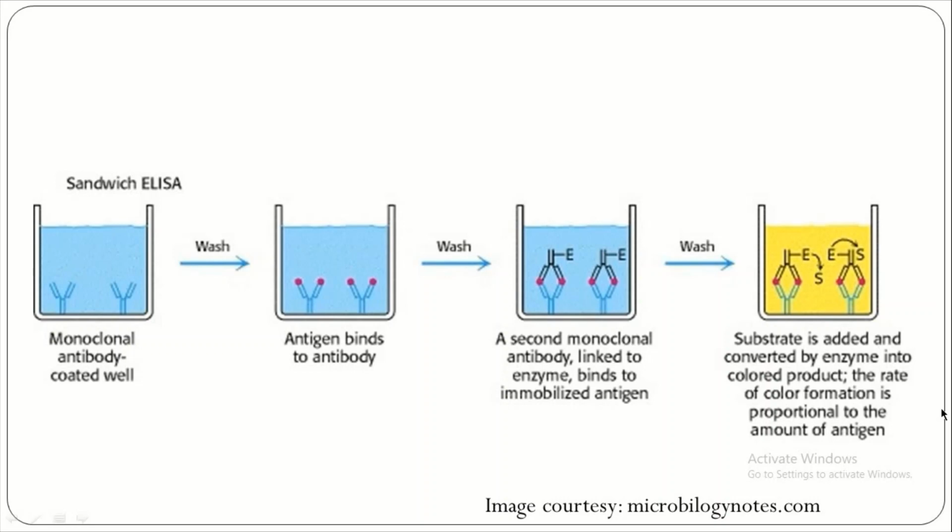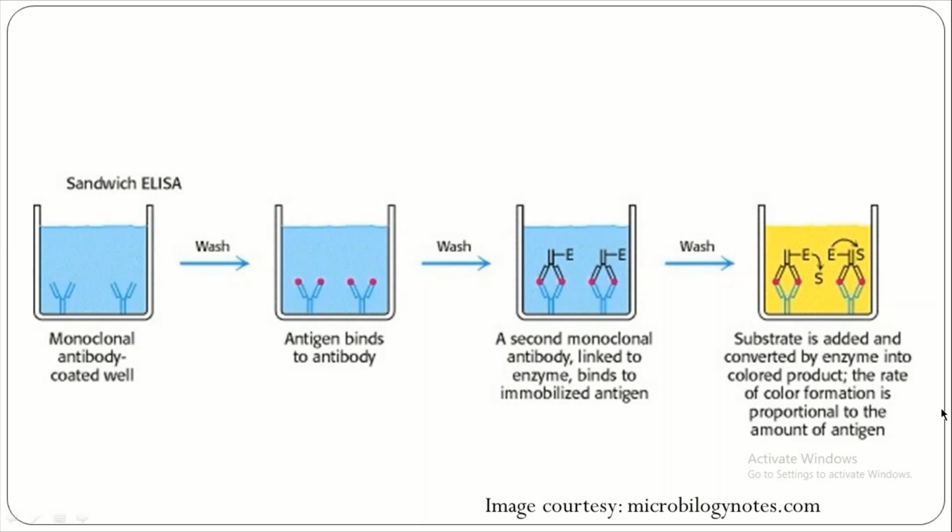The second method, which most of the commercial kits follow, is this: first they coat the monoclonal antibody in the well, and then they add the sample. The antigen will bind to the already pre-coated antibody, and here the third step is a little difficult, where you add one more primary antibody, which will go and bind to the antigen, forming a sandwich.